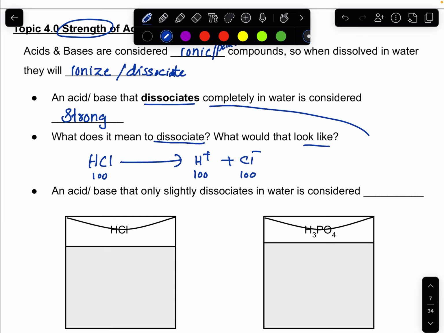That is called complete dissociation. But if there is a slight dissociation, anything lesser than 90% or 95%, we will consider it as weak.